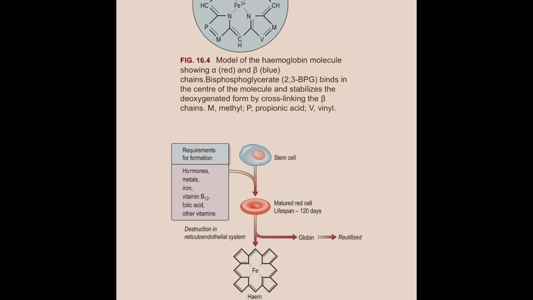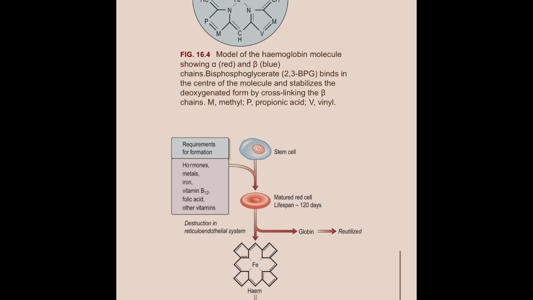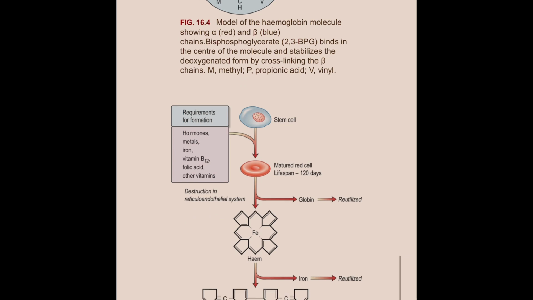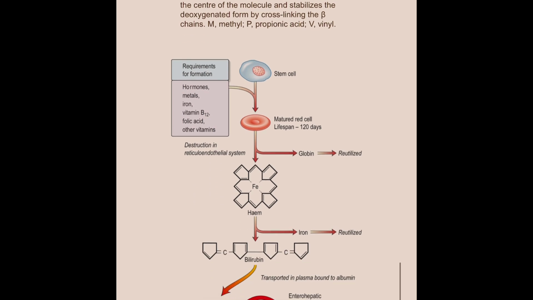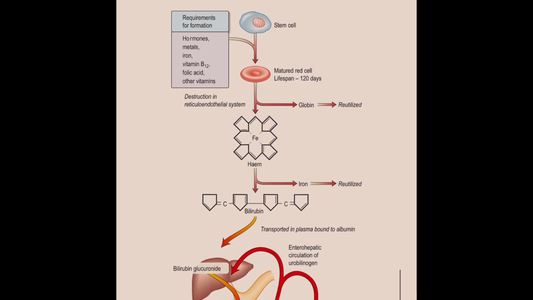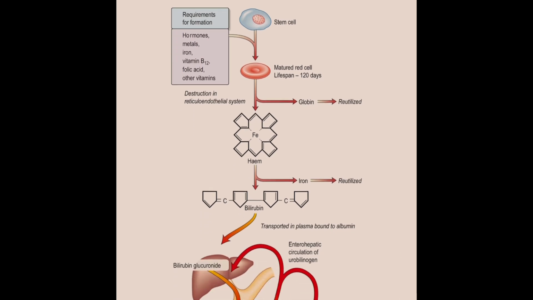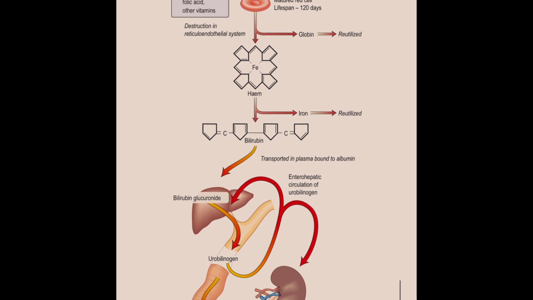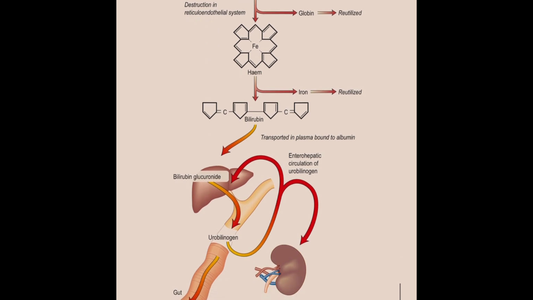Mature red cells have a lifespan of 120 days. Destruction occurs in reticuloendothelial cells, giving rise to globin, which is reutilized, and heme, which gives rise to iron, which is reutilized too. What is left is bilirubin, transferred in plasma bound to albumin.